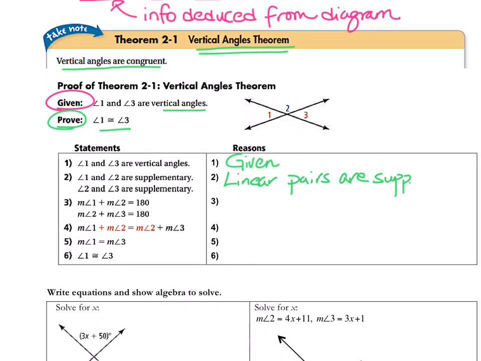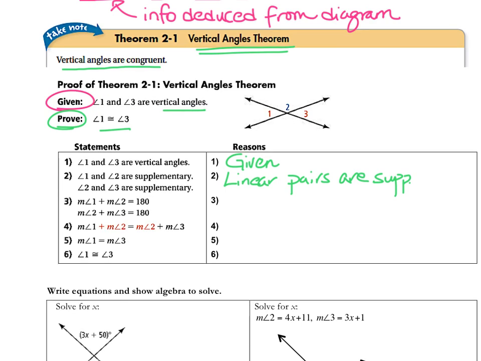Now our next step says that 1 and 2 measures add up to 180 degrees, and that the measure 2 plus measure 3 adds up to 180. And that is by the definition of supplementary angles, because since the angles are supplementary, they add up to 180 degrees. That's the meaning of the word supplementary.